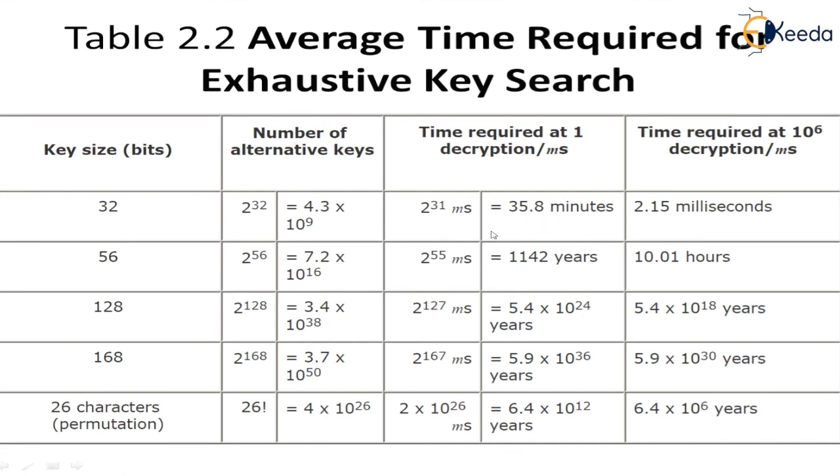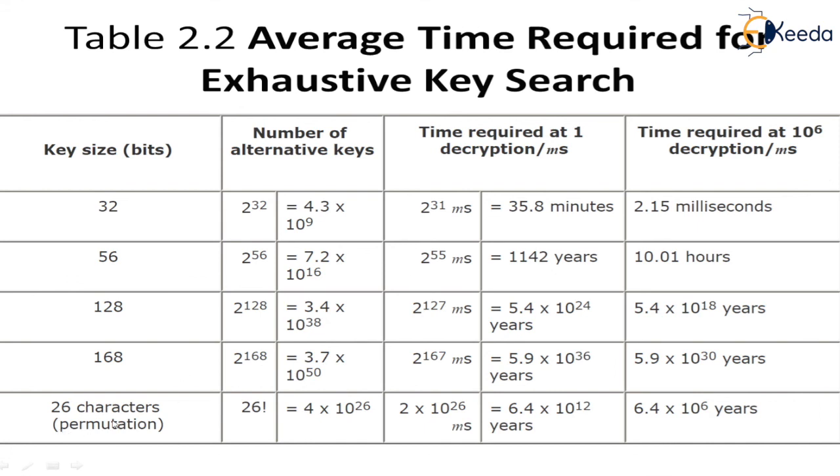So this much time is required for the decryption. Based on the type of encrypted message and how many bits the key has, the time will be different for 1 decryption per millisecond or 10 to the power 6 decryptions per millisecond.